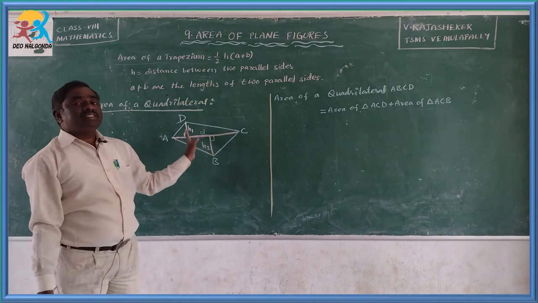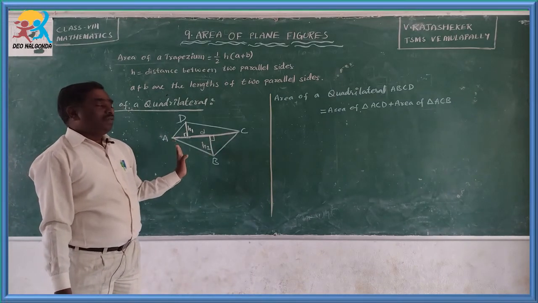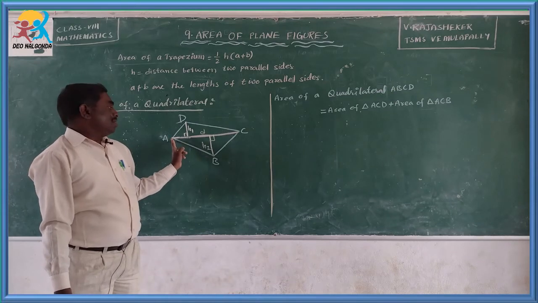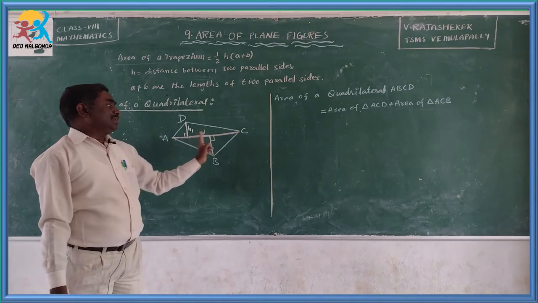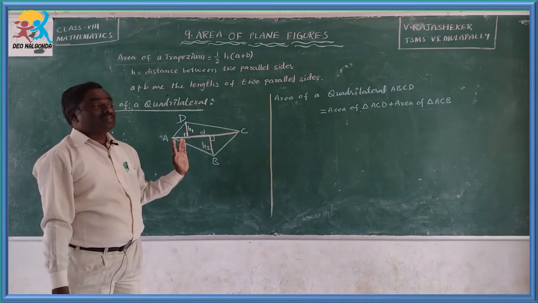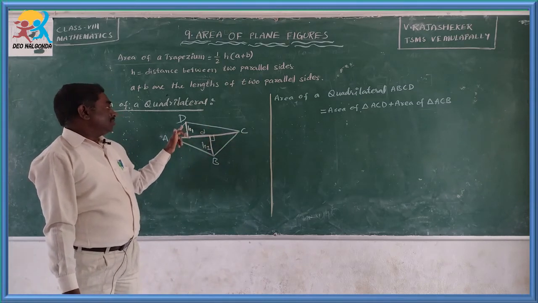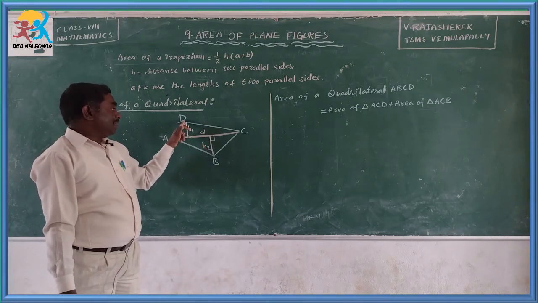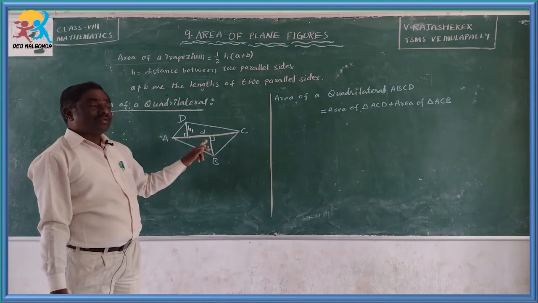So, ABCD is a quadrilateral, and we divided this quadrilateral by drawing a diagonal into two triangles. Now, we have drawn perpendiculars onto AC from D and from B.